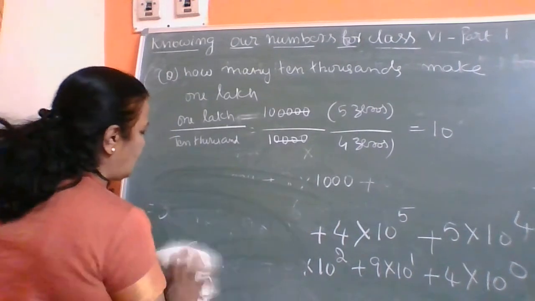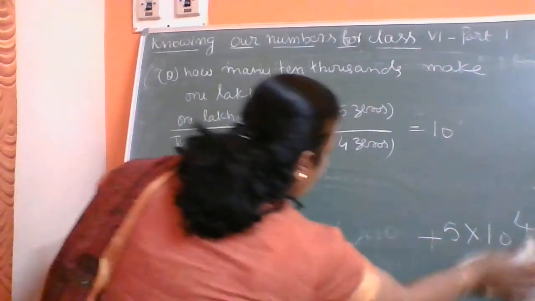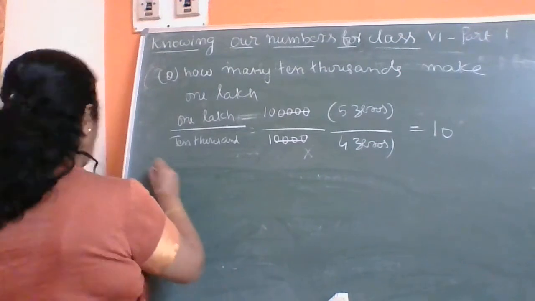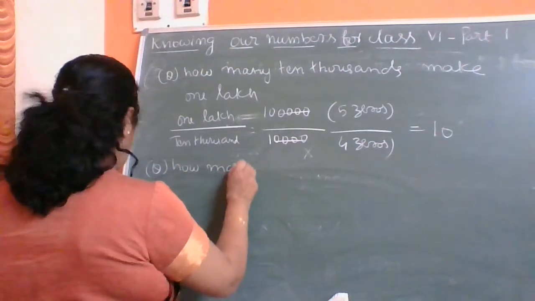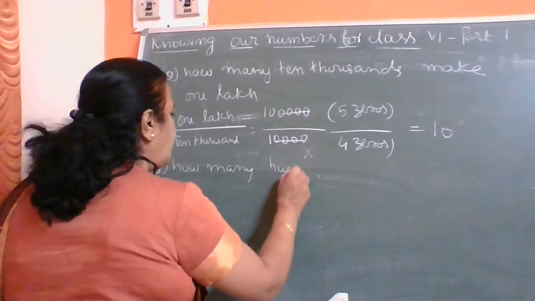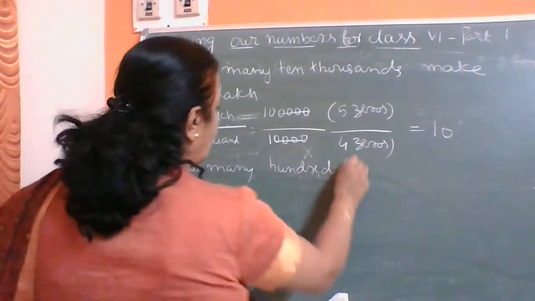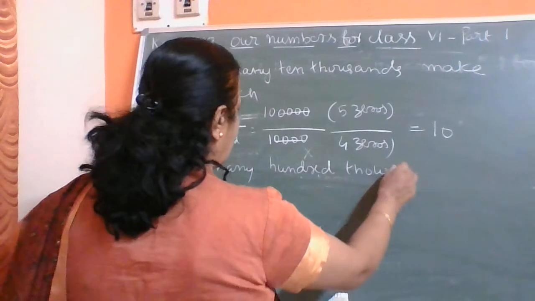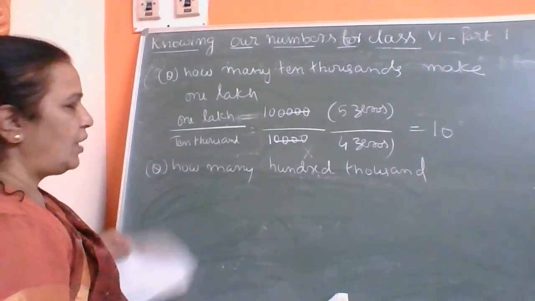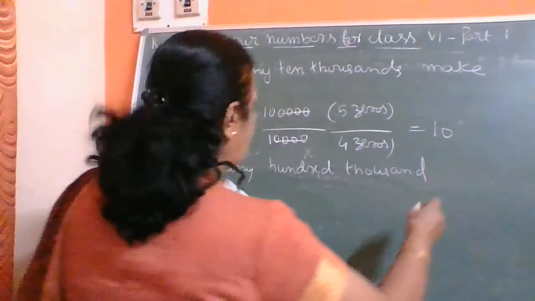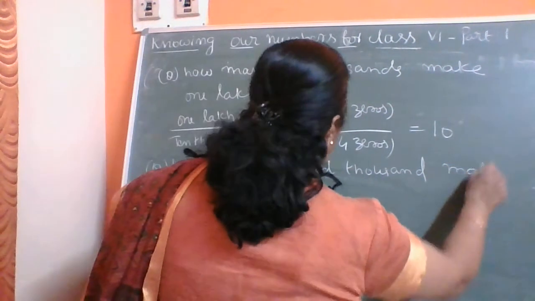And one more sum of the same type is: how many 100,000 make 1 million?